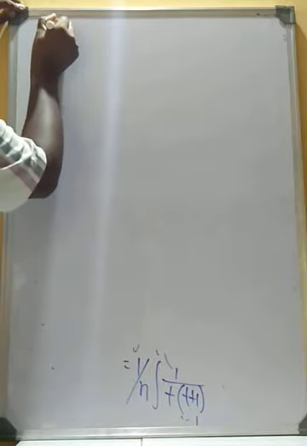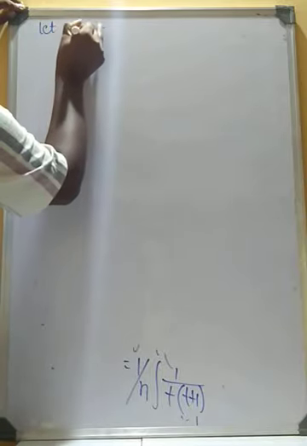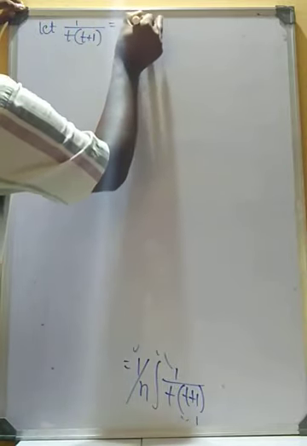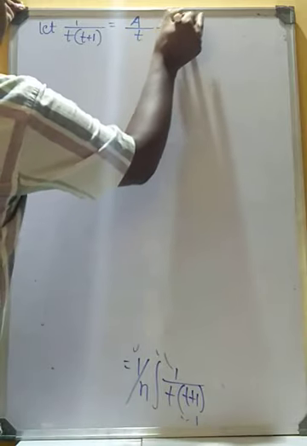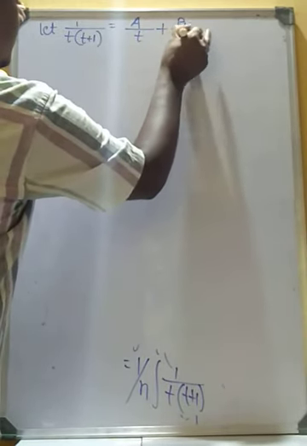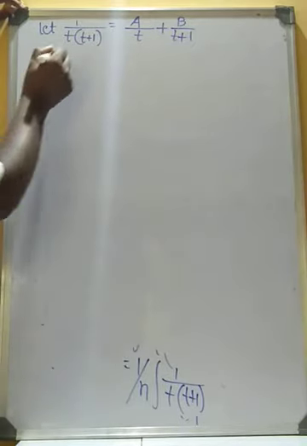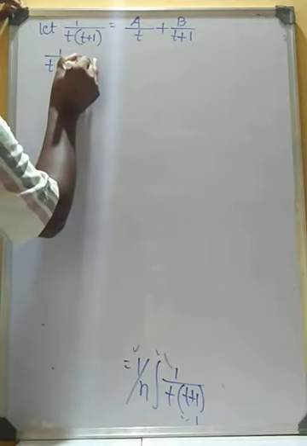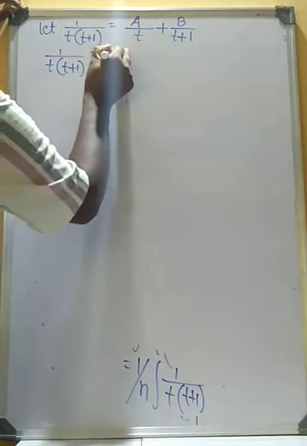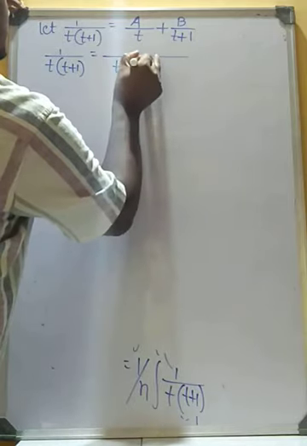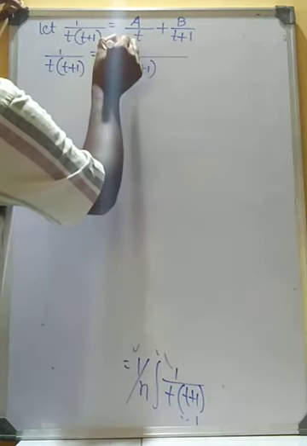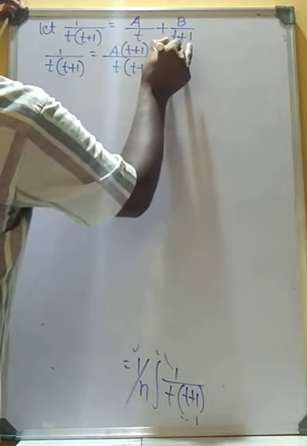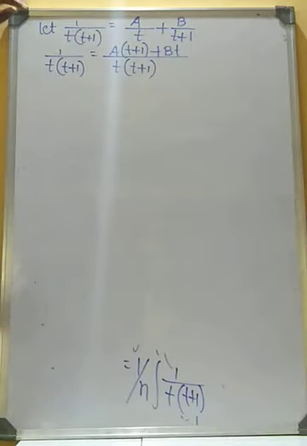Select 1 dividing by t into t plus 1 equals a dividing by t plus b dividing by t plus 1. Therefore 1 dividing by t into t plus 1 equals, the LCM is t into t plus 1, in the numerator a into t plus 1 plus b into t. Now find a and b.